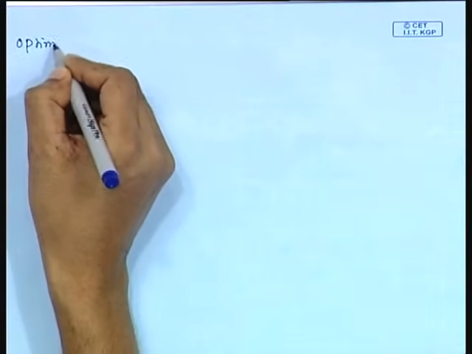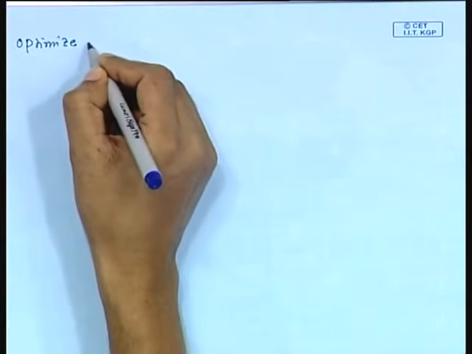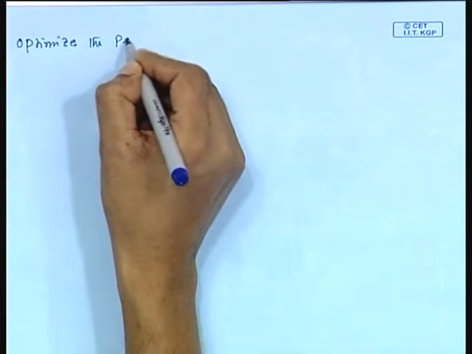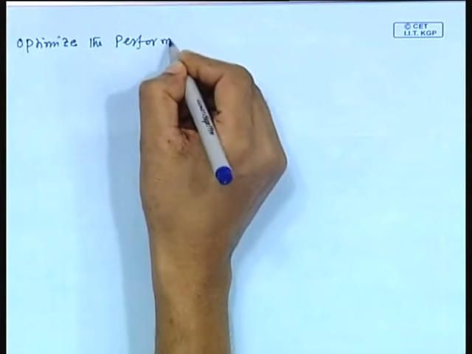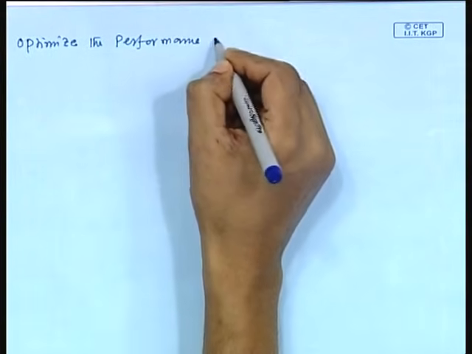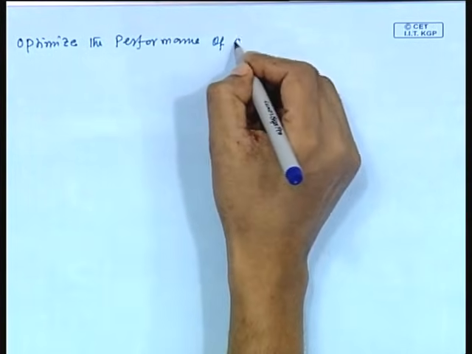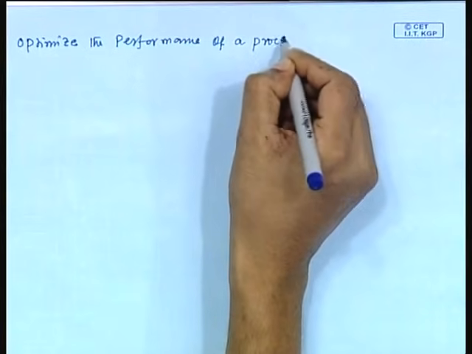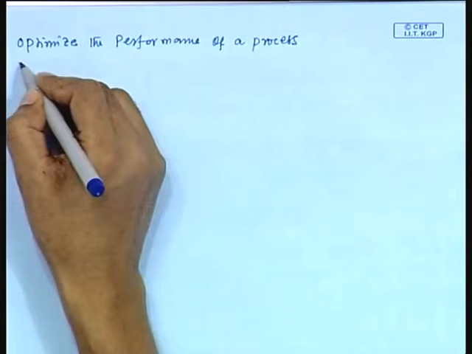Fine. The next issue is the performance of a chemical process, that is, to optimize the performance of a process. This is the third issue.